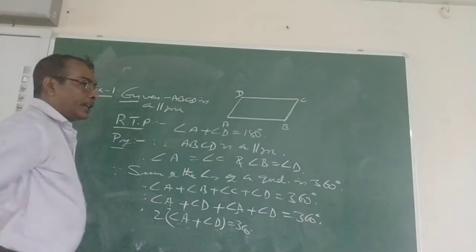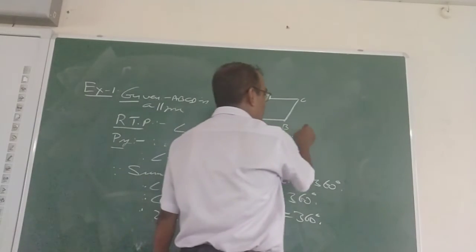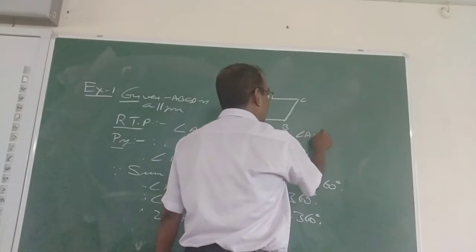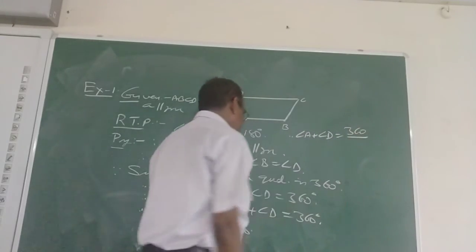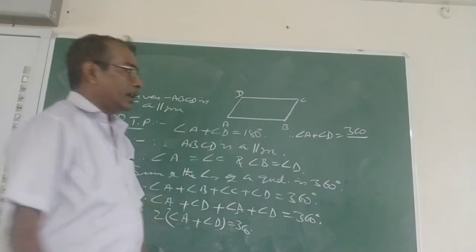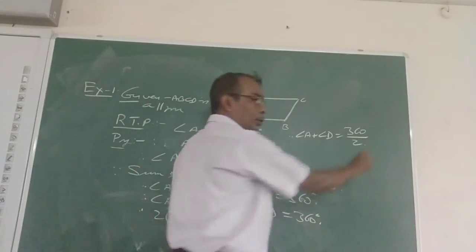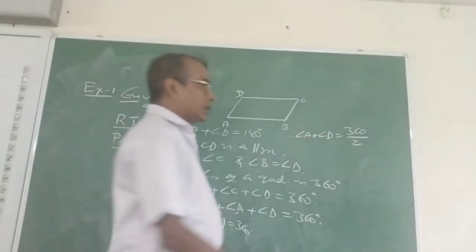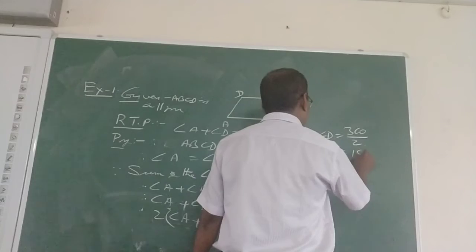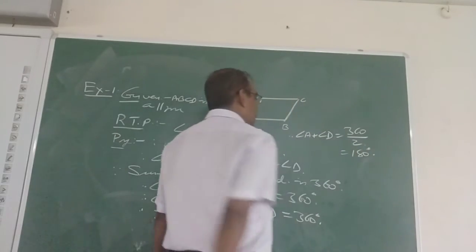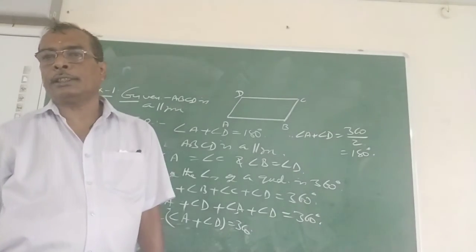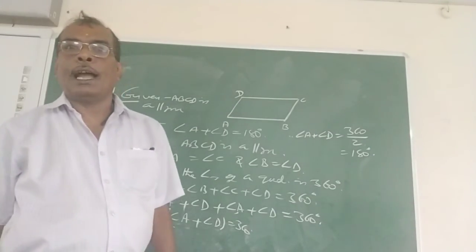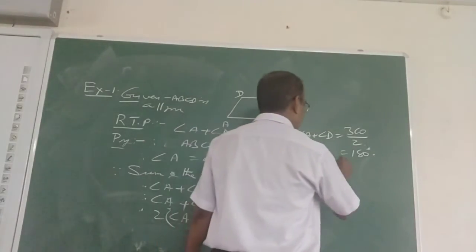Therefore, angle A plus angle D is equal to 360 divided by 2, which is equal to 180. So this way you can say that any pair of adjacent angles is supplementary.